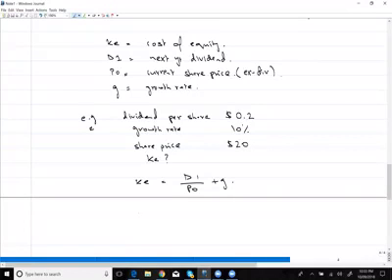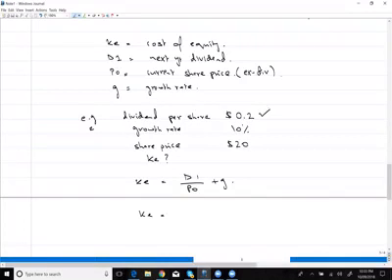So KE is equal to D1, that is next year dividend. This is the current dividend, and I need next year dividend.